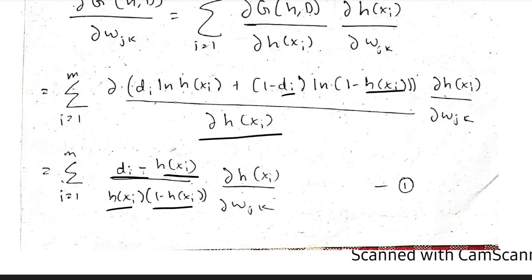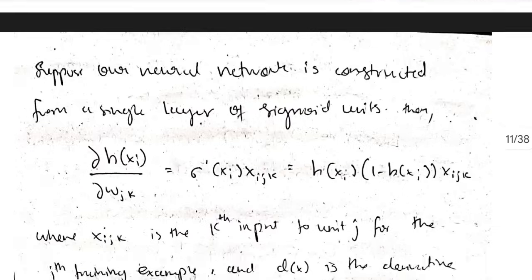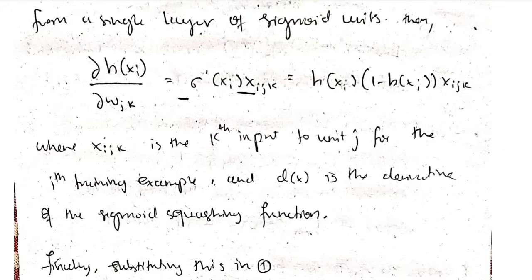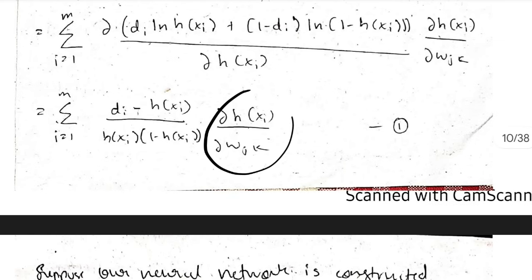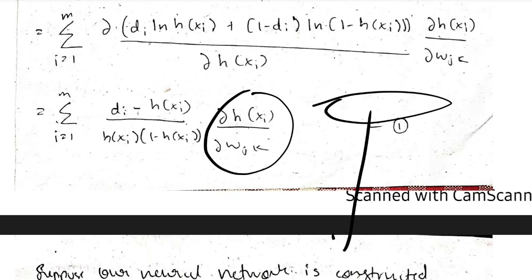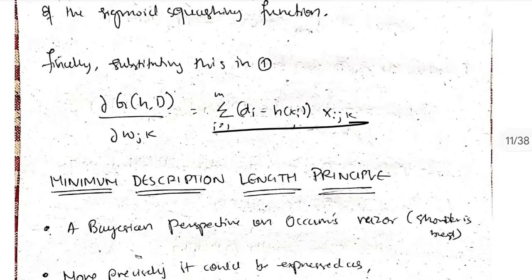After that, you can cancel this one and this one, but before that you need to find this separate value. This separate value has a separate formula, which is given by this one: sigma of xi_jk h of xi into 1 minus h of xi. This we will substitute in the place of this. When we do that and cancel out, we'll be remaining with this equation.